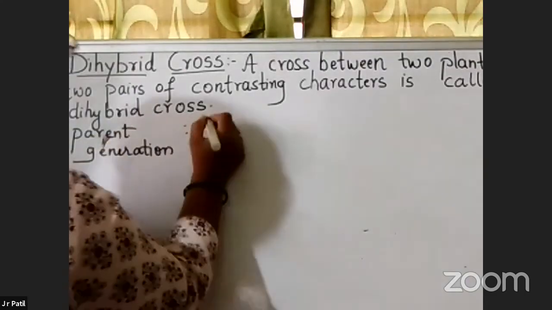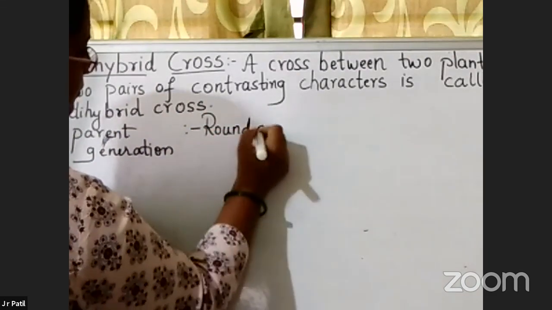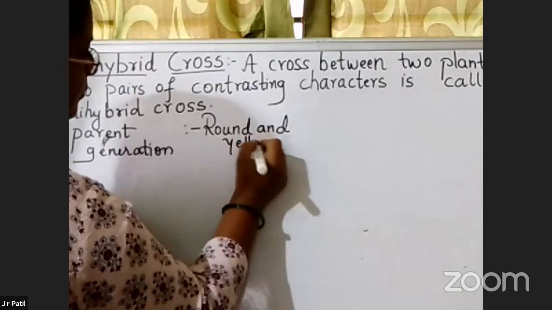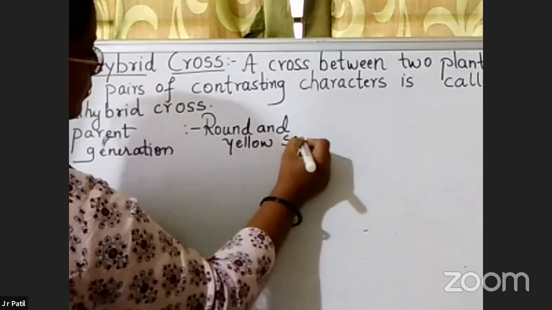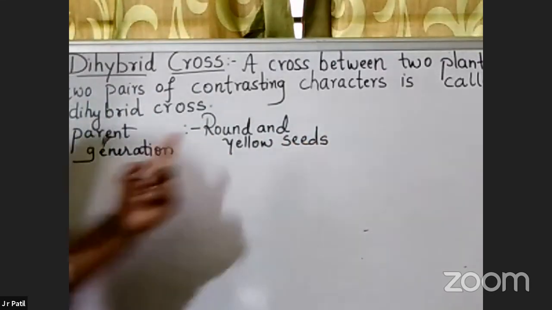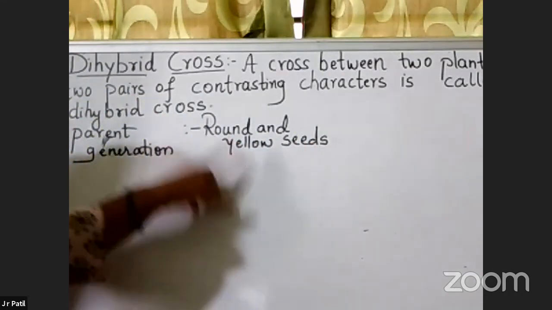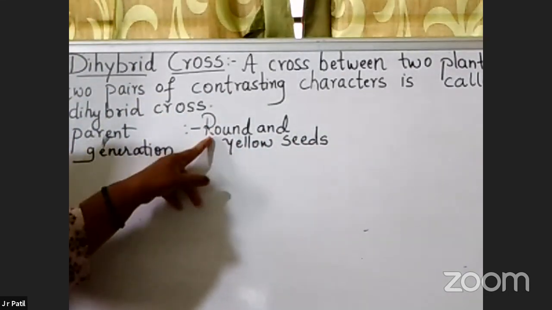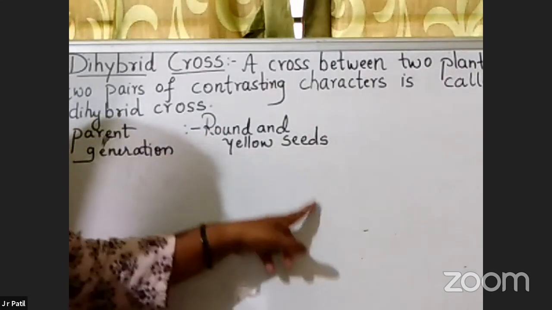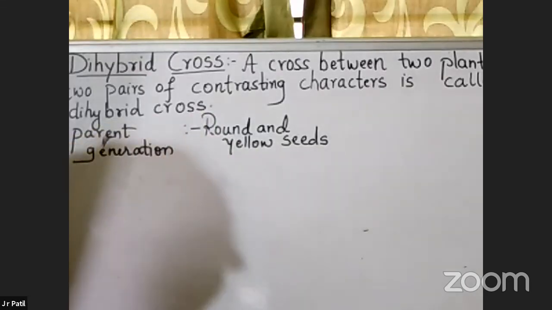So one parent plant has round and yellow seeds. Round means shape of the seed, yellow means color of the seed. So two characters are selected at a time, correct?